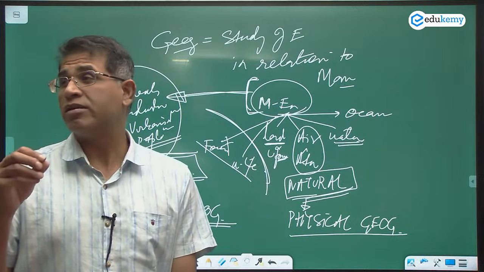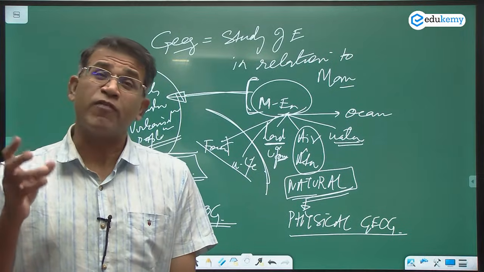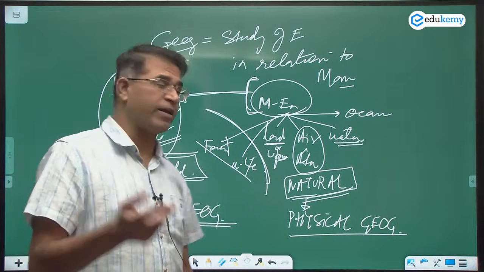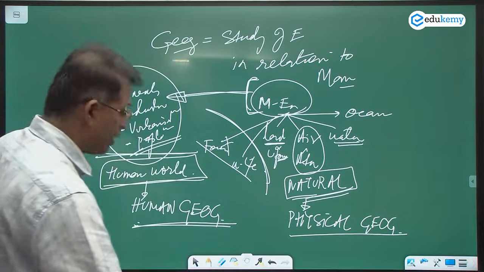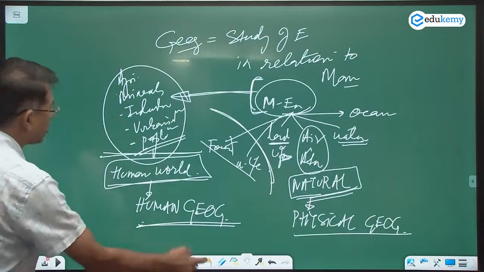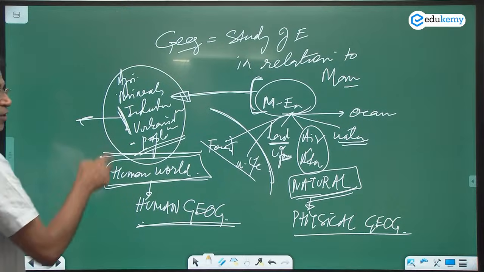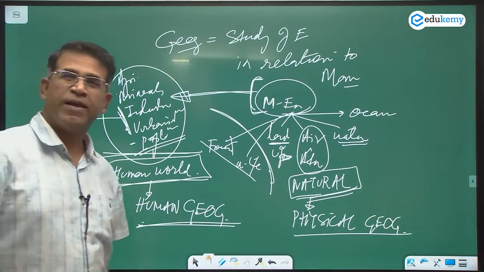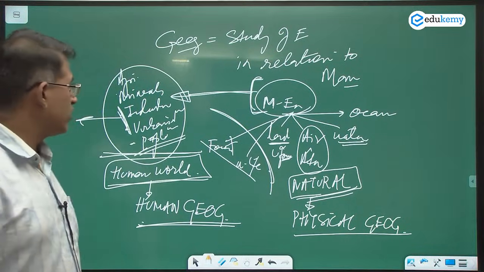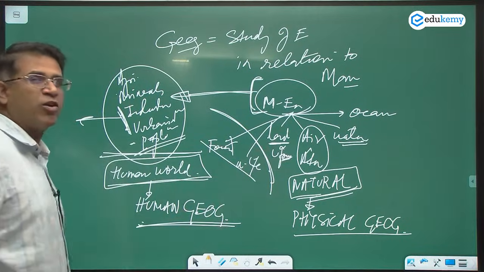Geography is almost 20% of economy. Agriculture, infrastructure, ये सब geography में पढ़ेंगे. When I'm talking about industries and urbanization, इसमें you also have infrastructure here. Roads, buildings, railways, ports. Yes, you're right. So this is the scope you have in geography.